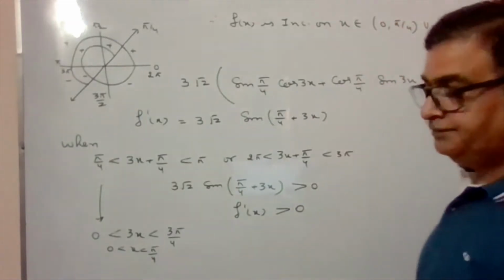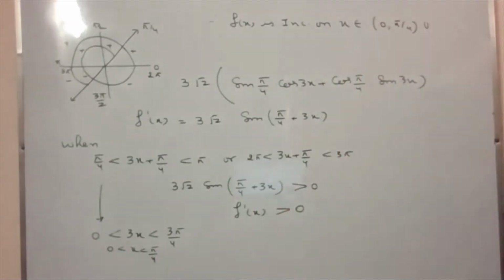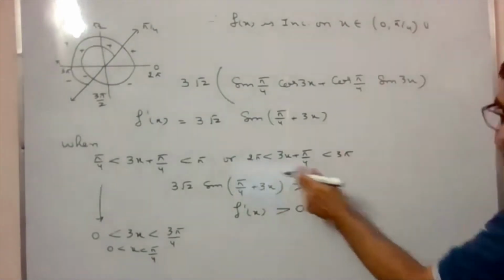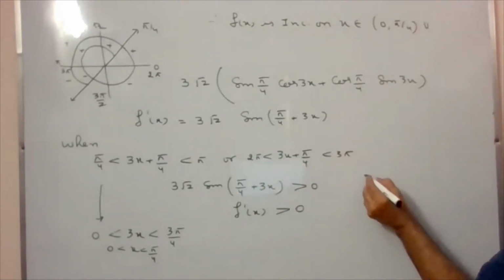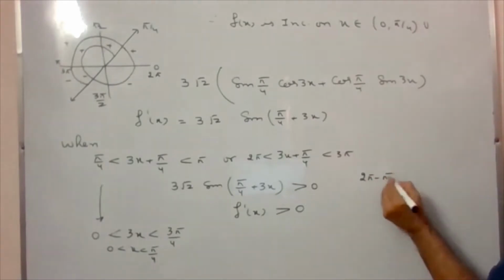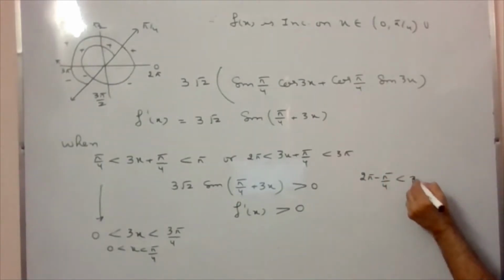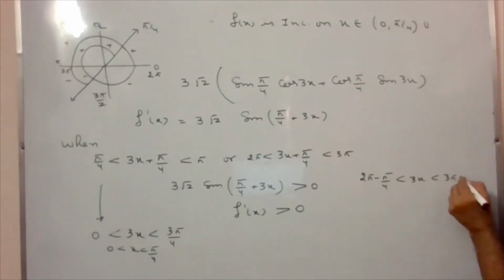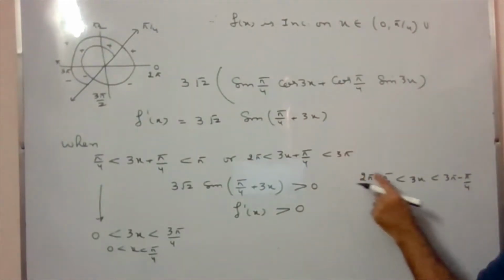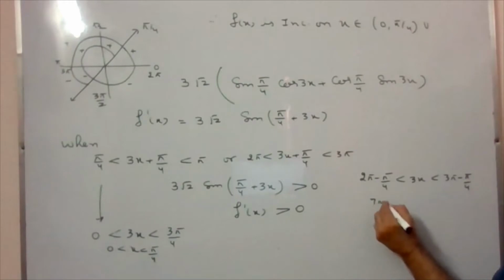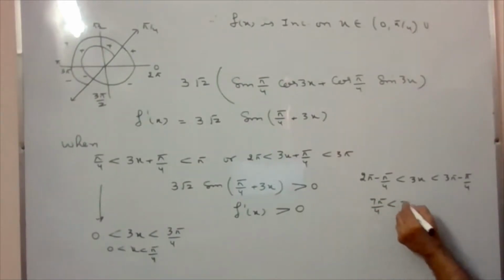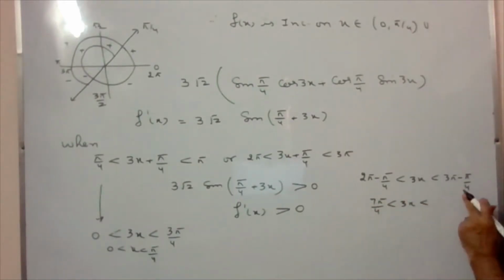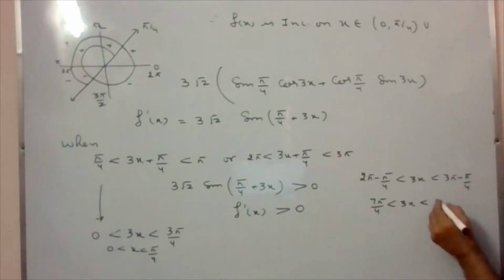Union. Second part is 3x. So we subtract pi by 4 first. It will be 2 pi minus pi by 4, and this will be 3 pi minus pi by 4. 4 times 2 is 8, 8 minus 1, it will be 7 pi by 4. This will be 3x and this will be 4 times 3 is 12, 12 minus 1, 11 pi by 4.